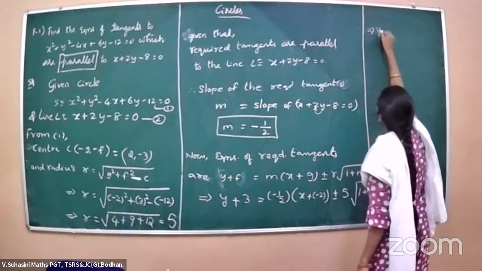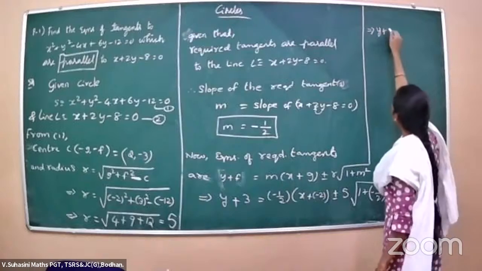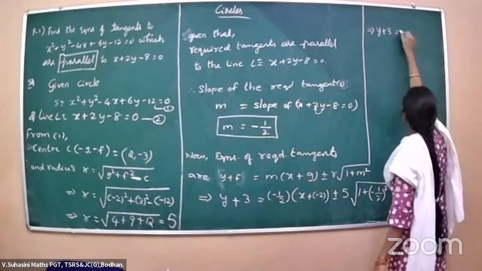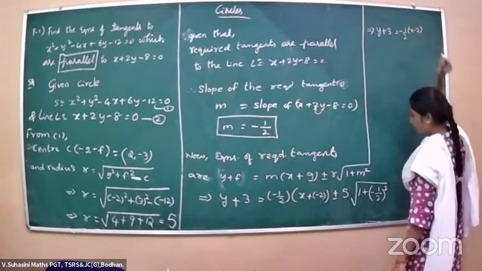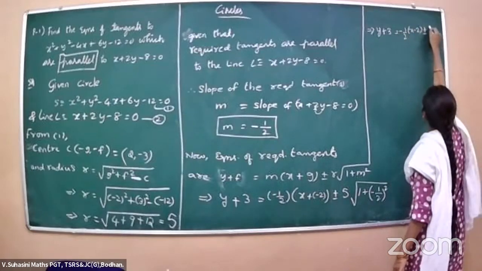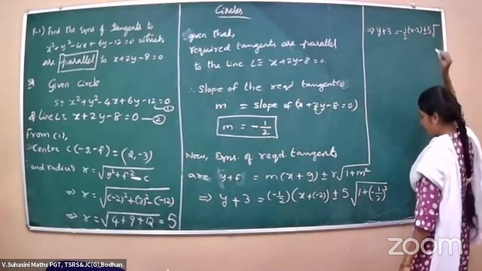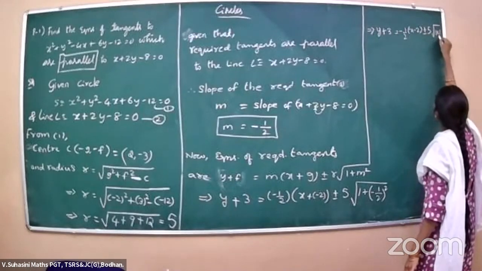Implies y + 3 = minus 1 by 2 into (x - 2) plus or minus 5 under root of 1 + 1 by 4.